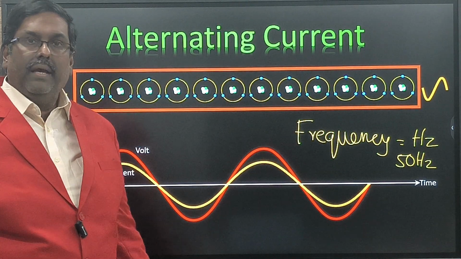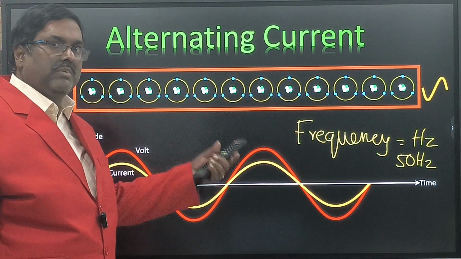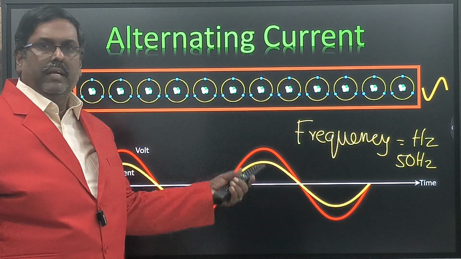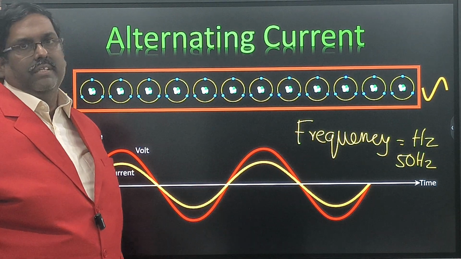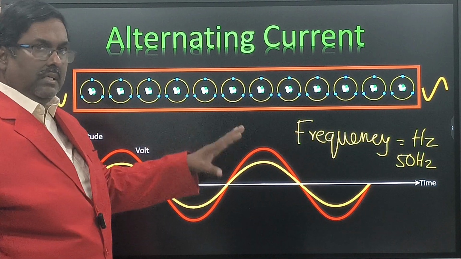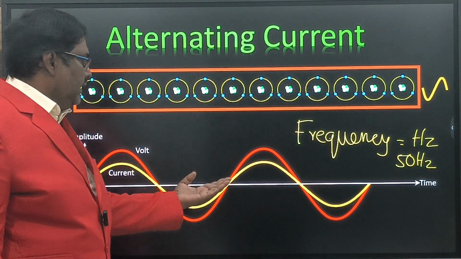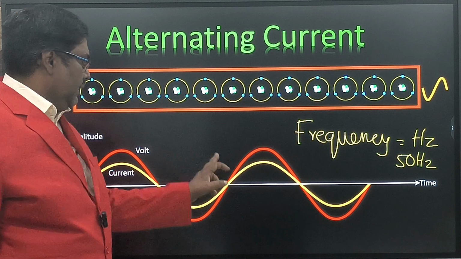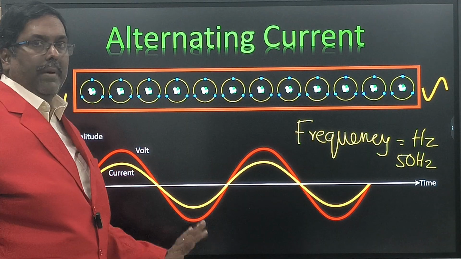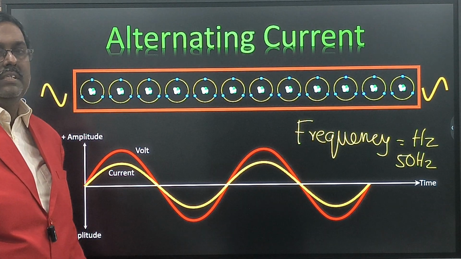So our power supply generally in the ship is sometimes 60 hertz also, but surely we are having this 50 hertz. Country to country there is a difference. Okay. So this frequency means the same pattern of the waveform keeps on repeating. So we will talk about one pattern, okay, one section which is repeating.